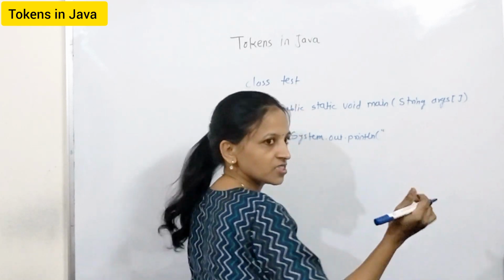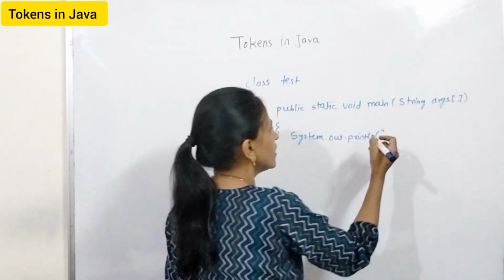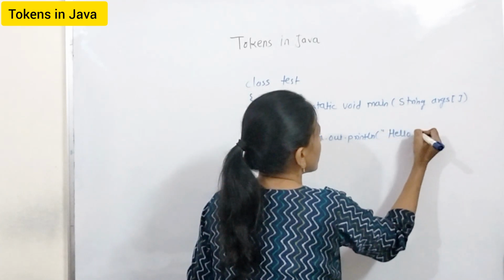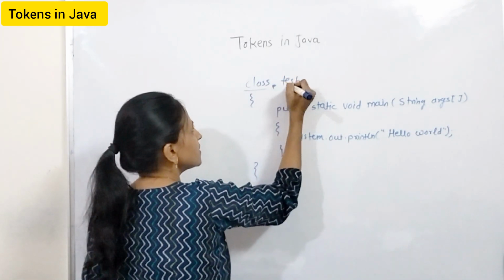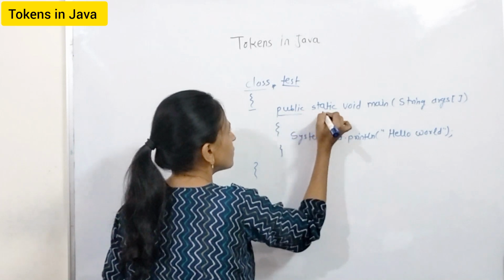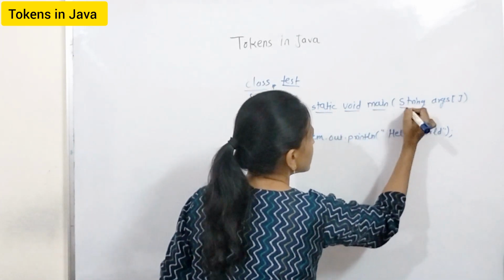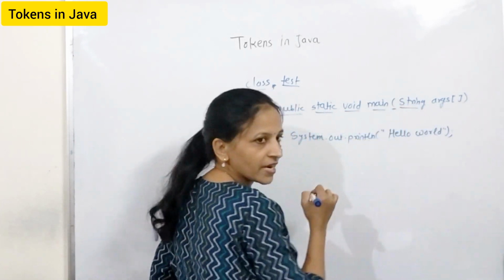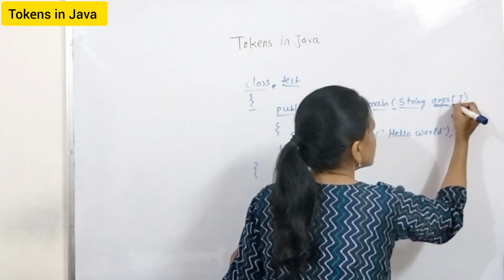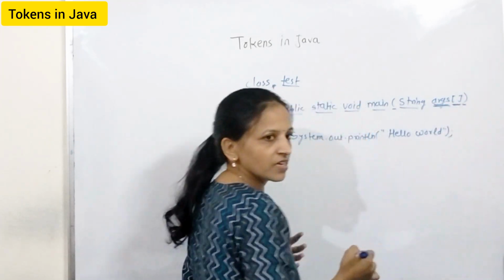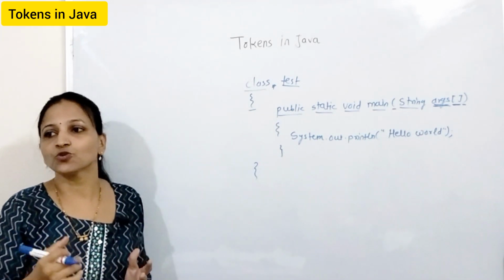You can write again just like C++. Okay, here in this program, this class, this space, this Test, this public static void main String, this bracket, these are all tokens. This args, everything is considered as a token.